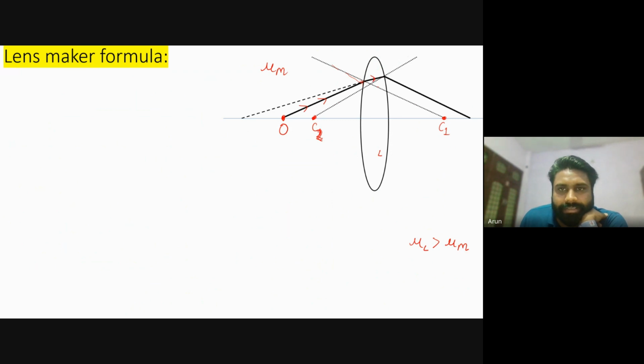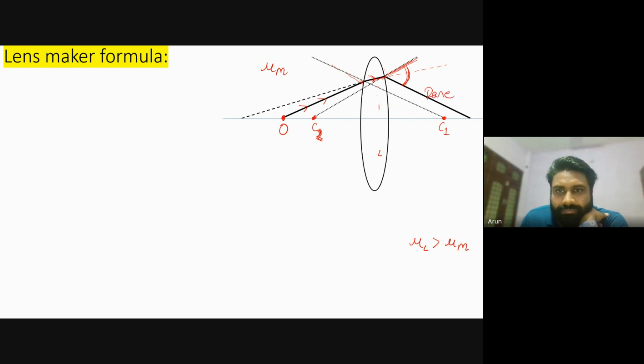After this bending, it strikes the second surface and will also cause refraction there. So this is the normal and this ray is coming. Instead of moving in this direction, it will move away from the normal, because it is moving from a denser to a rarer medium.